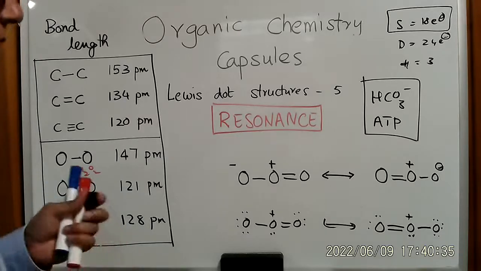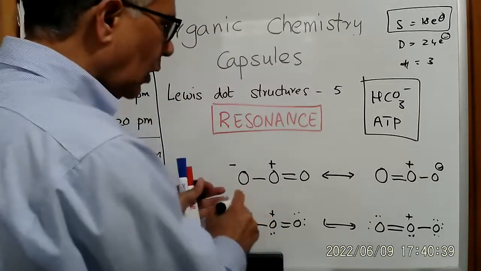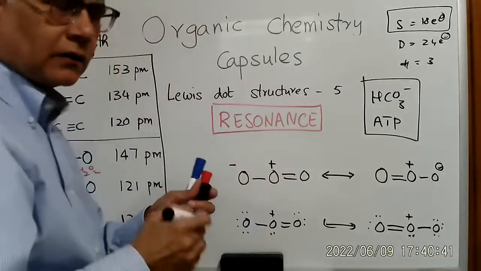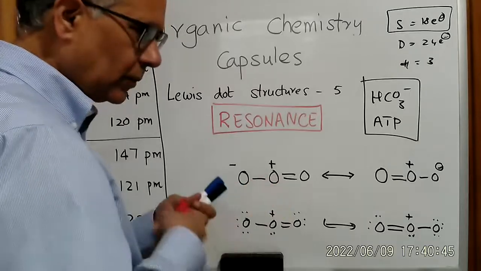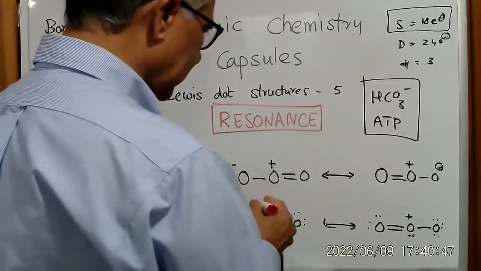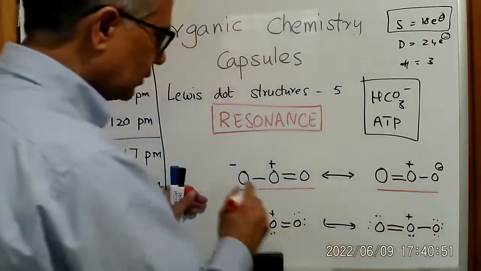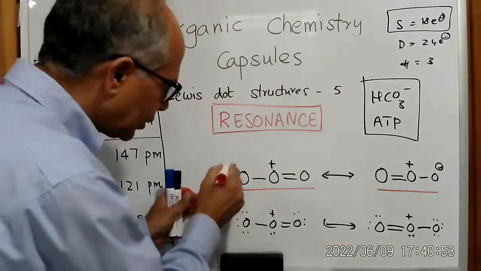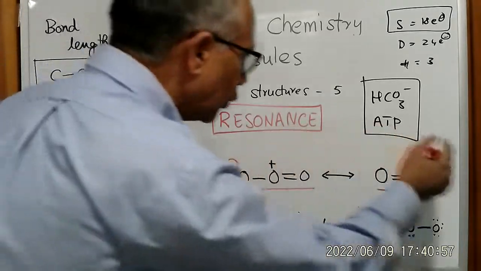Okay, so anyway, how do we denote this resonance? So how do we show it? That is what is called the process, the pictorial way of showing how this particular structure became this. So you can see two electrons that moved, right?